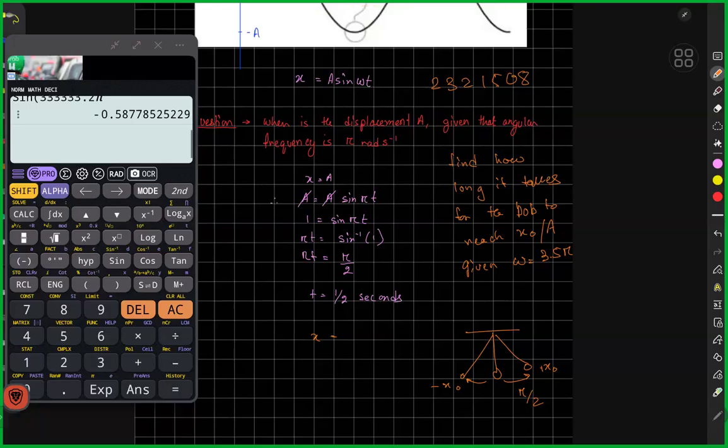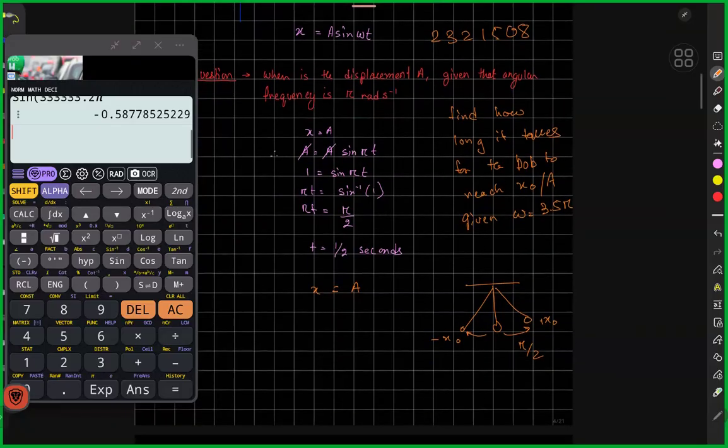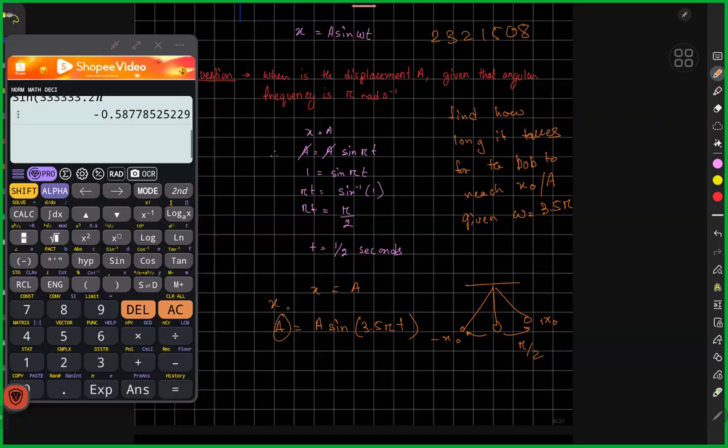I want my displacement to be maximum, or A. So I can simply say A equals A sine 3.5 pi t, where x is x naught, the maximum.